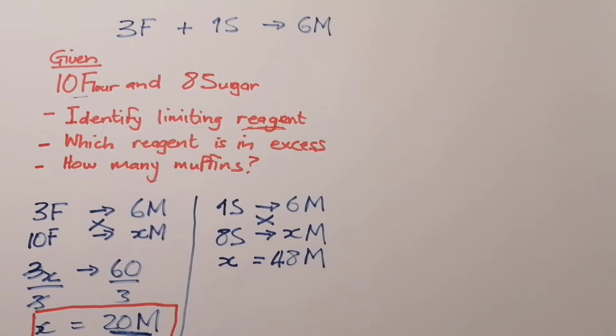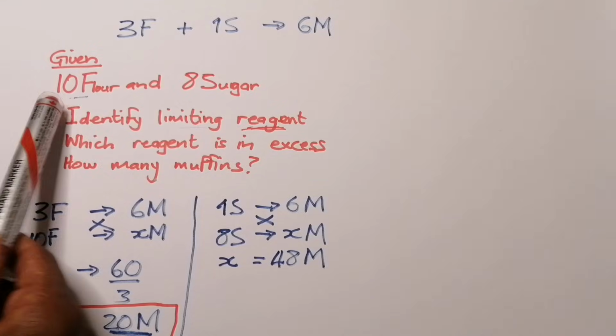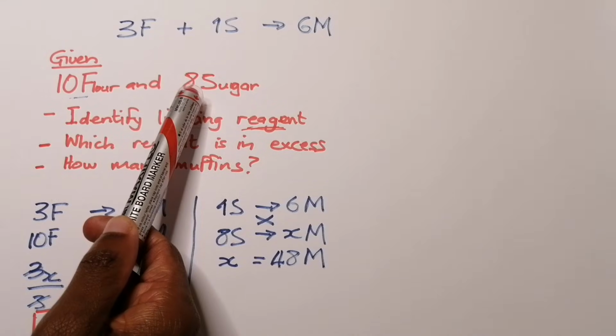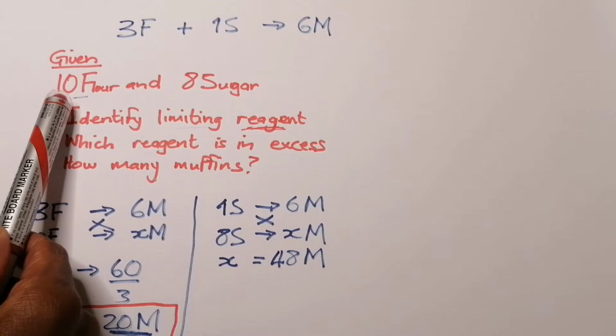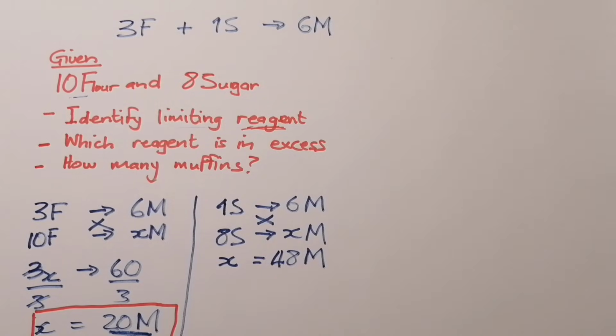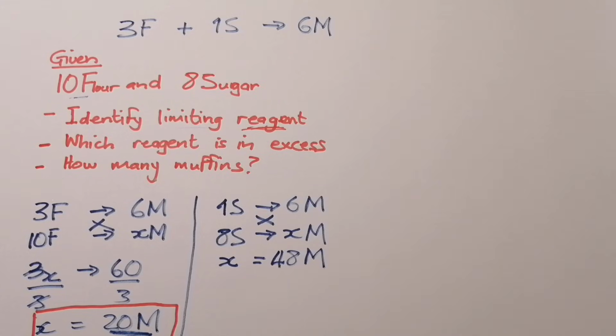Now, ladies and gents, I've made this example very deliberately, so that you do not assume that because the one is more than the other. Look at that. You had 10 cups of flour, but you had 8 of sugar, right? So it's not about those amounts there, but it is rather about the amounts that you use during the mixing process. Okay?